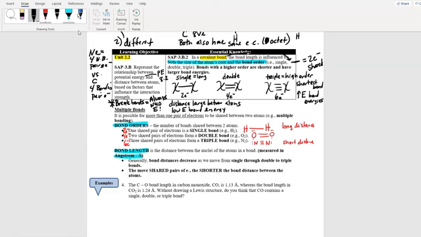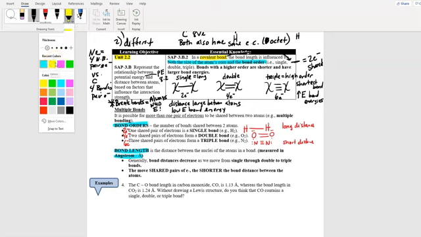I'm just letting you know it's measured in angstroms. Generally, big trend here: bond distance decreases as you move from single to double to triple. We just saw that. Singles have long, triples have short.